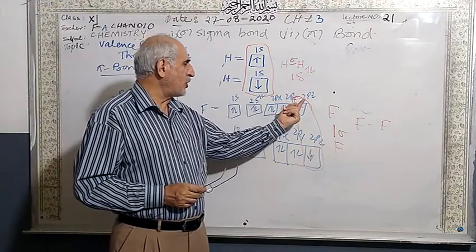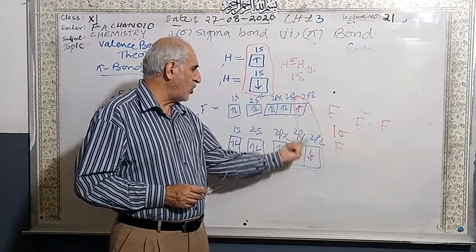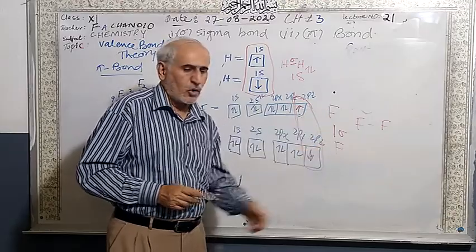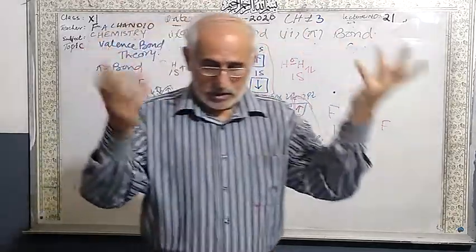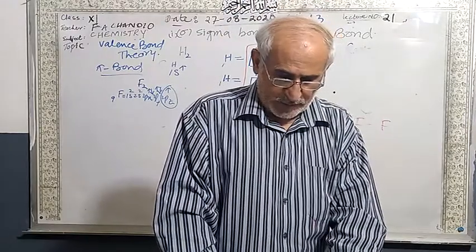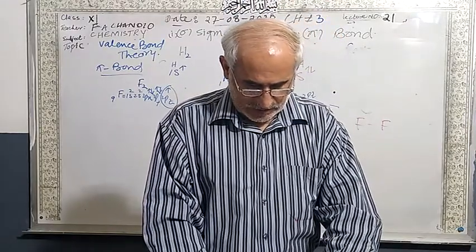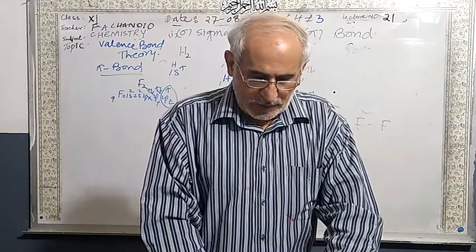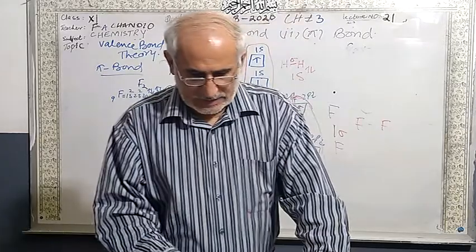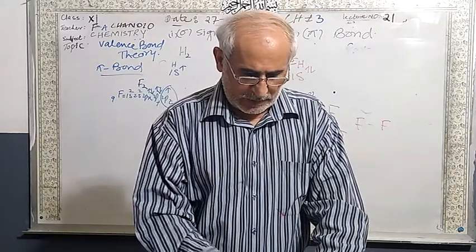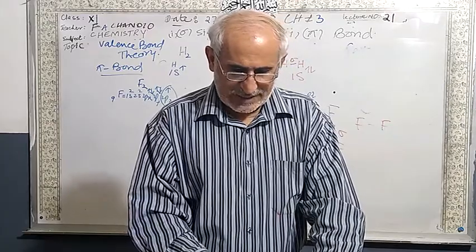There will be a 3pz for one chlorine and a 3pz for the other chlorine. Between chlorine and chlorine, a sigma bond is formed because both are in group number 7 of the periodic table, the halogens. So there is no difference between the chlorine and fluorine structure.